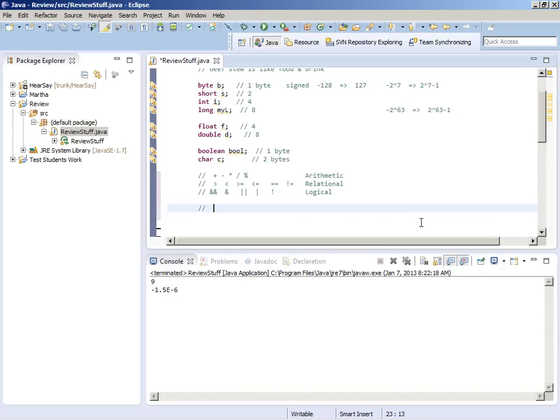There are a few operators in Java that are very, very obscure. So I might tell you that there is a hat operator, which is exclusive OR, that almost no one ever uses. There's really very little use. It is a logical operator.